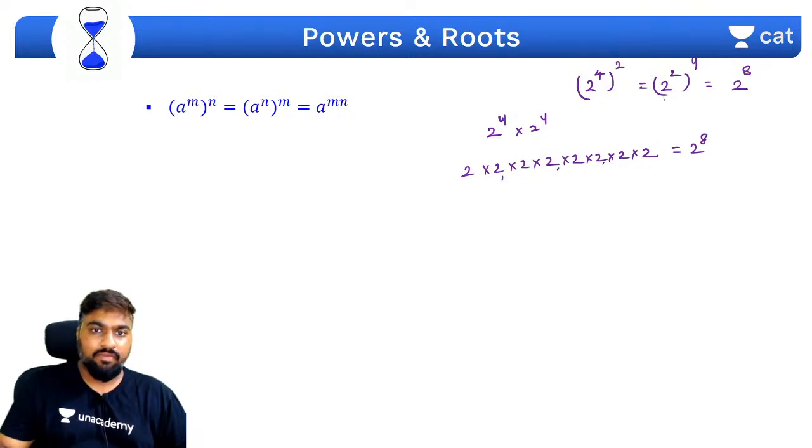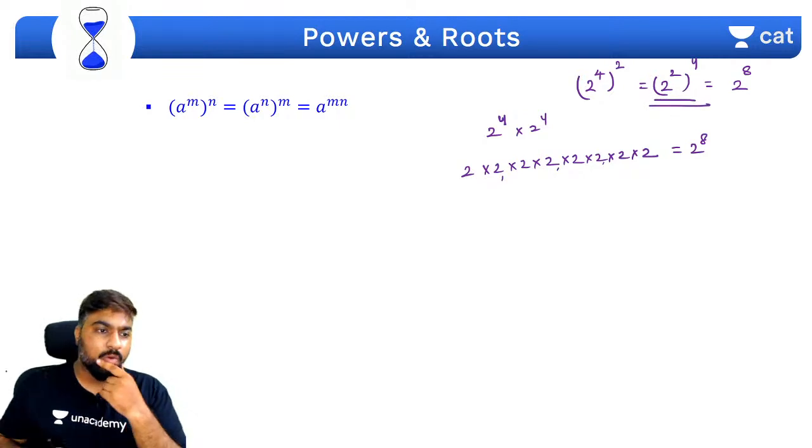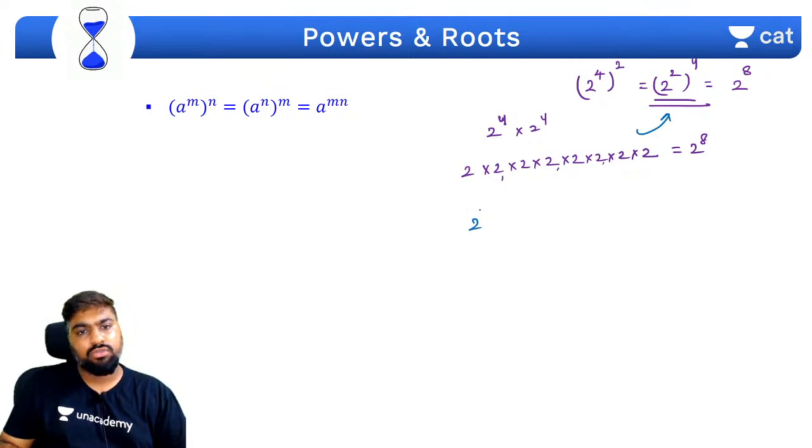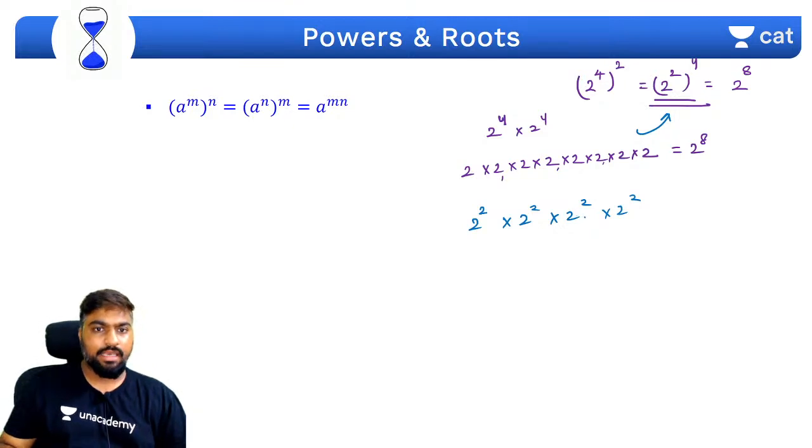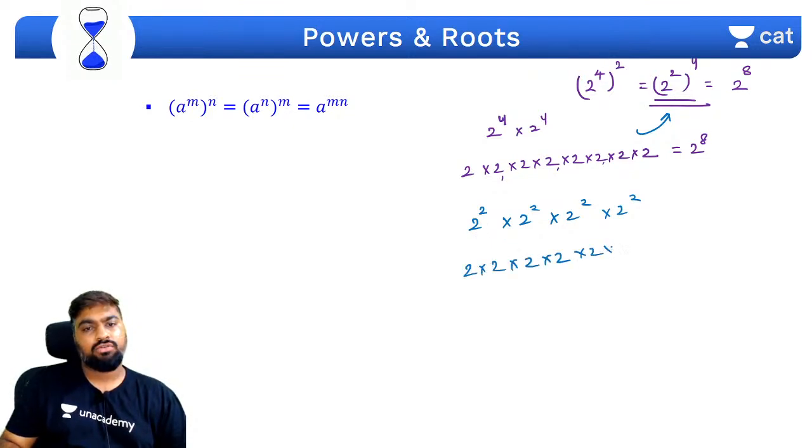In the same way, if you take 2 square the whole power 4, you get 2 square into 2 square into 2 square into 2 square. 2 square is 2 into 2, so this will again be 2 into 2 eight times, equal to 2 to the power 8.